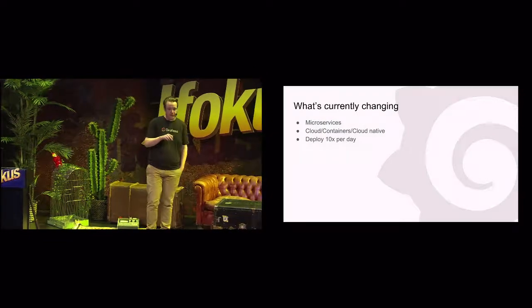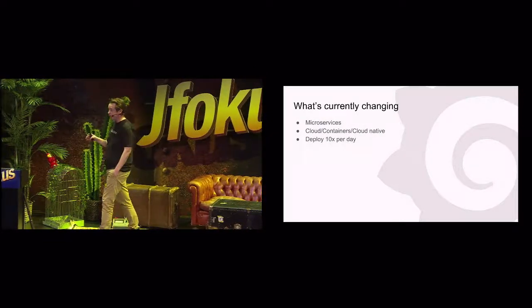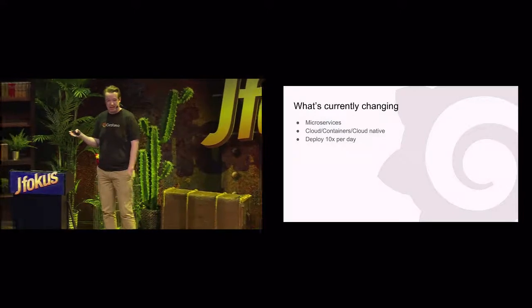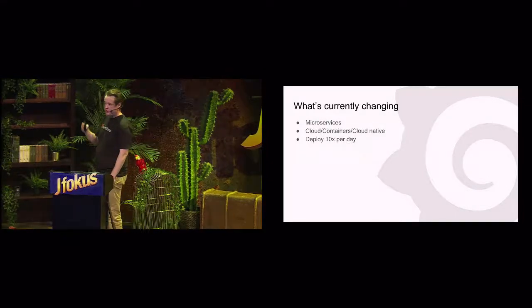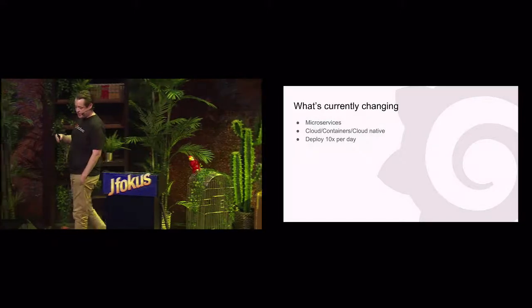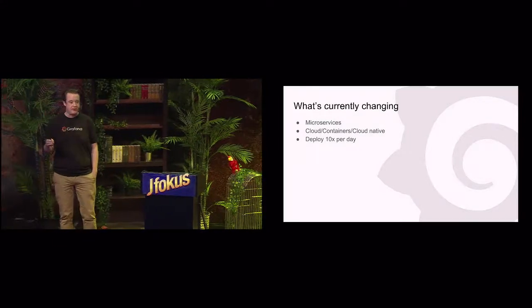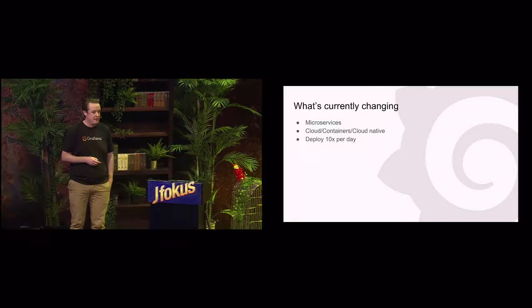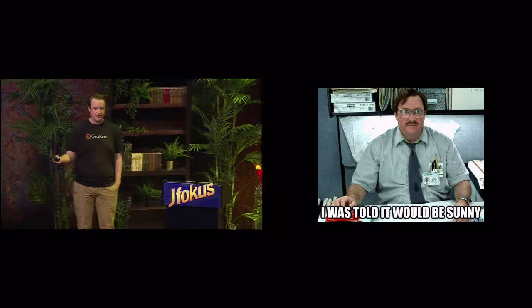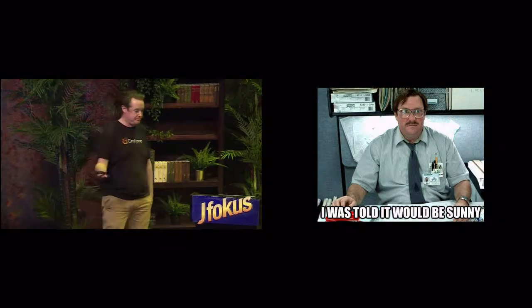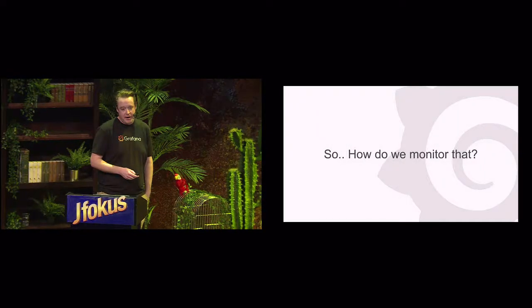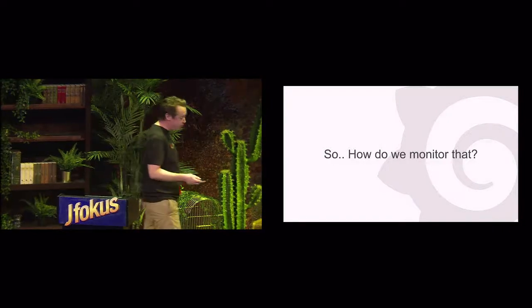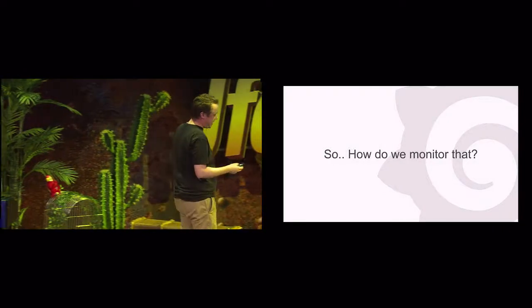That means the system could be in 10,000 states per day or something like that. So we used to have a system where we change state once a month, and now we have 10,000 states a day. And then we ask someone else to make sure it's working. But how do we monitor that? How do we monitor an ever-changing system?